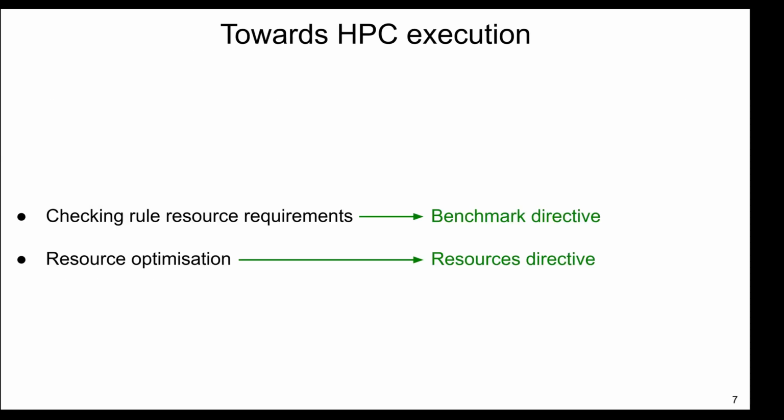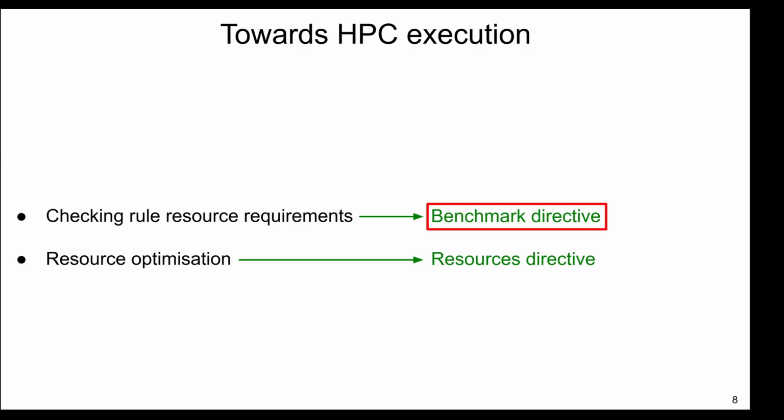Now, to further optimize this and actually run jobs on an HPC cluster, you need to do two things. The first is checking how much your rules need to run, the resource requirements, and then how you can optimize this resource usage. Because on a cluster you pay for computational time, memory use, and so on. So the more you waste, the more you pay, and you have to be aware of this.